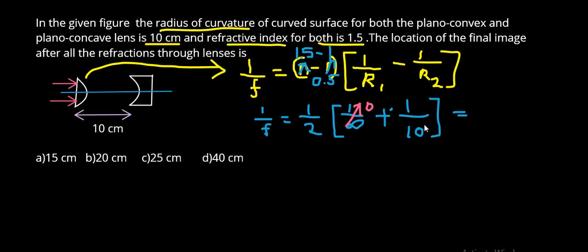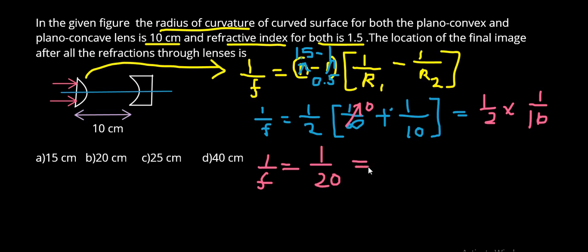So 0 plus 1 by 2 times 0 plus 1 by 10, which is 1 by 10. Finally the answer is 1 by the focal length of this plano-convex lens is equal to 1 by 20, which gives a focal length equal to 20.